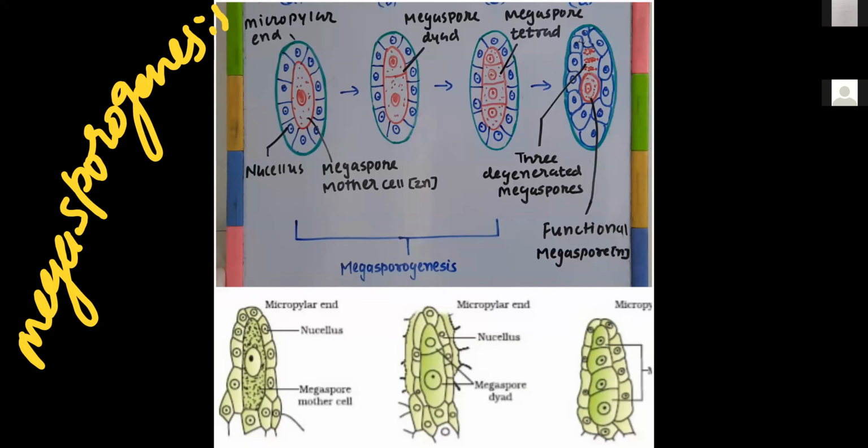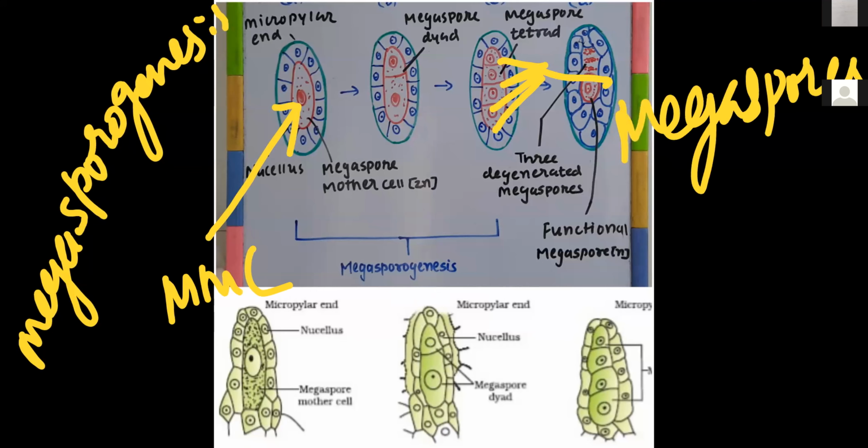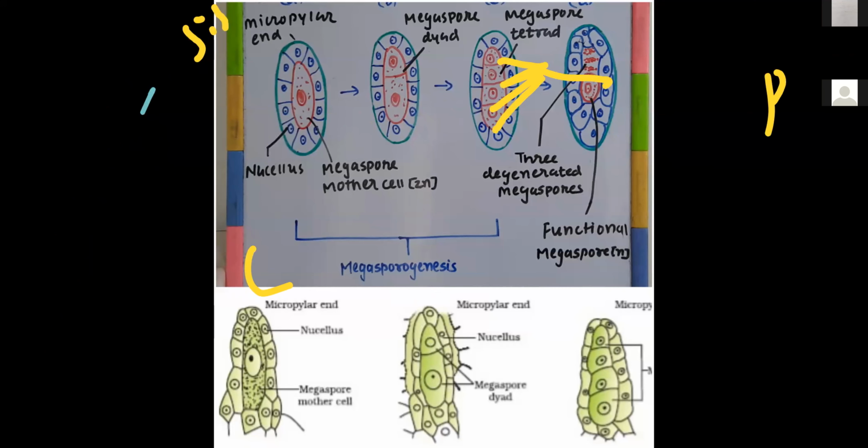Let's say that this is the megaspore mother cell, and these are the megaspores. This process of formation of megaspores from the megaspore mother cell, that is termed as megasporogenesis.